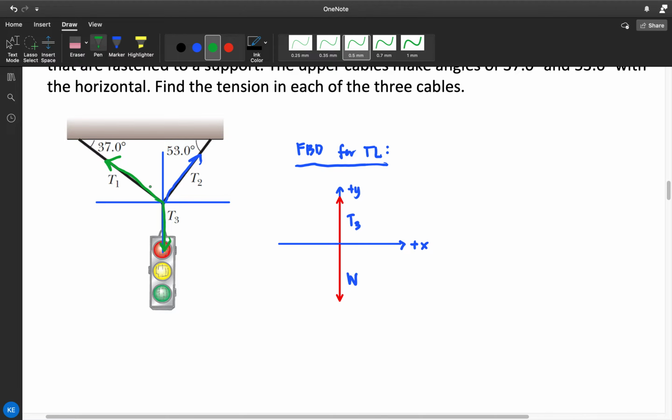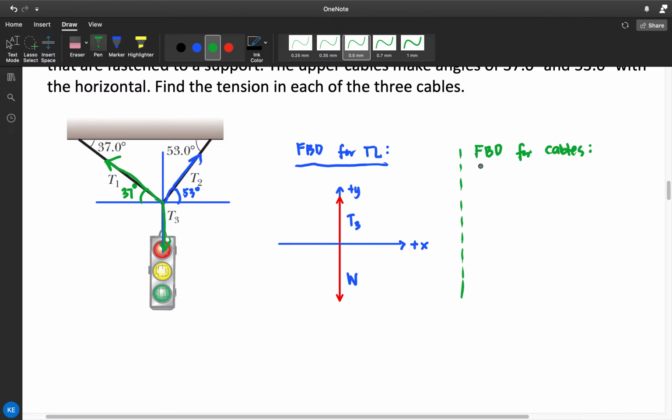If you'll notice, by using some geometry, this angle here is also equal to 37 degrees, while the other one here is equal to 53 degrees. So if we are going to transfer this figure into a nicer free body diagram, you'll have the FBD for the cables.